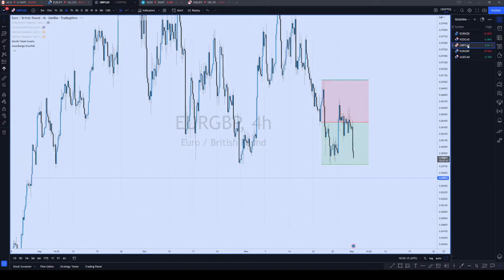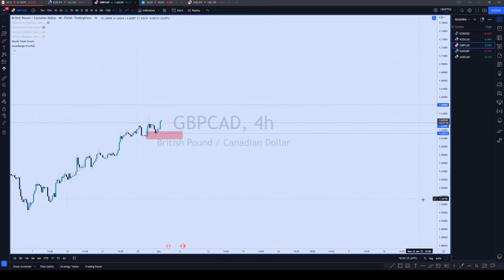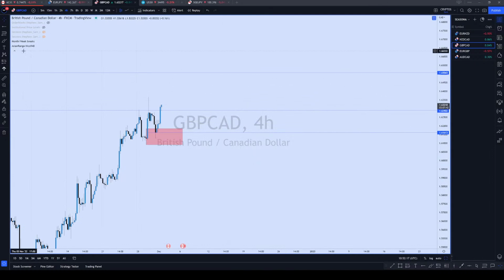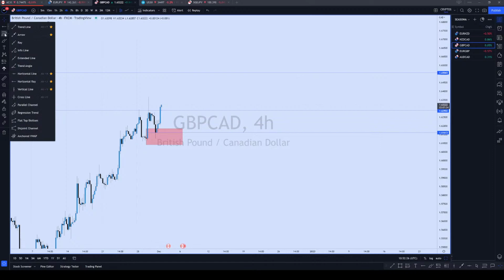Another trade that I took, this one here, the same idea. I'm hinting more on where high probability trades are going to form. So let's do that again.